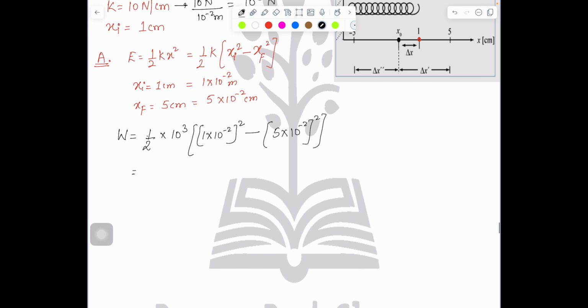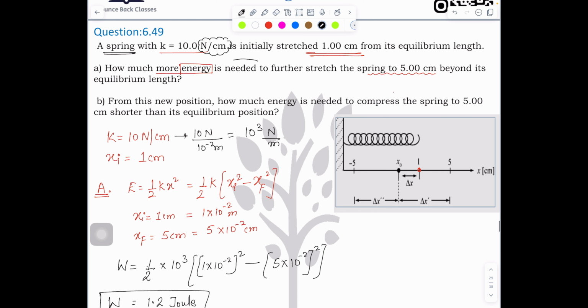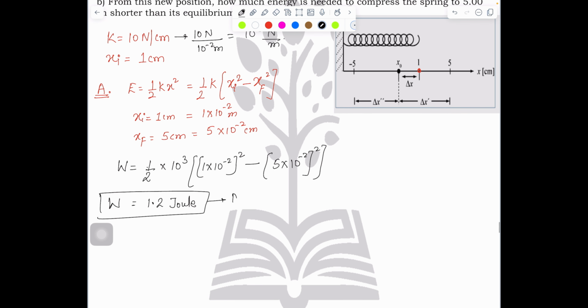Put all these things in your calculator and you will get 1.2 joule. This is your work done. Even if you get a negative value, you should understand that he is asking how much is needed, so we need to give the magnitude only.